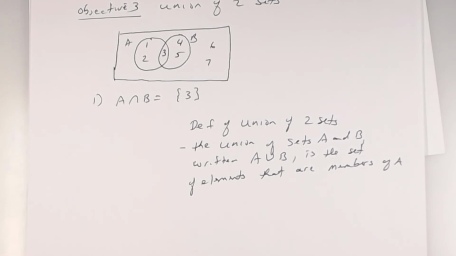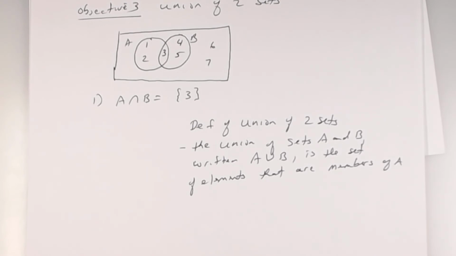Remember, intersection was this. Intersection is the set of elements that are members of A, and what word did I use after that? And members of B. That was intersection. So I use the word and, right?